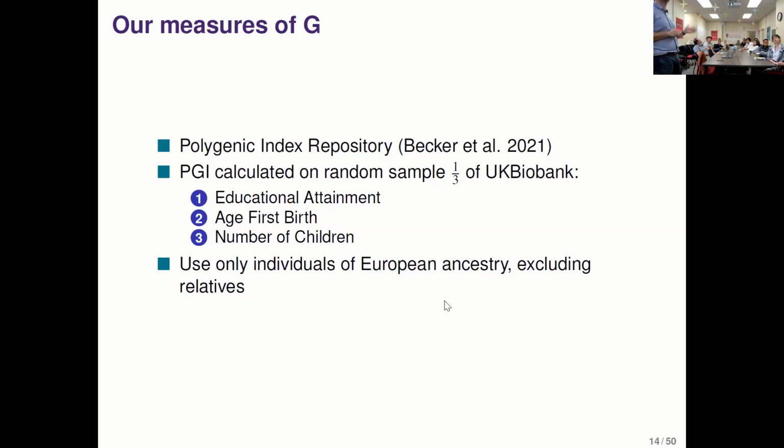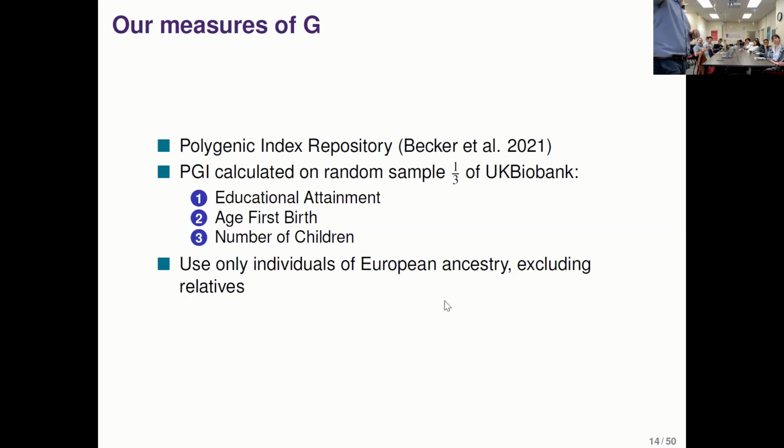They used two thirds of the UK Biobank to calculate the GWAS and weights, and they use this to calculate scores for the remaining third. The result is that we have a score for different subsamples, but we can only use one third at a time.